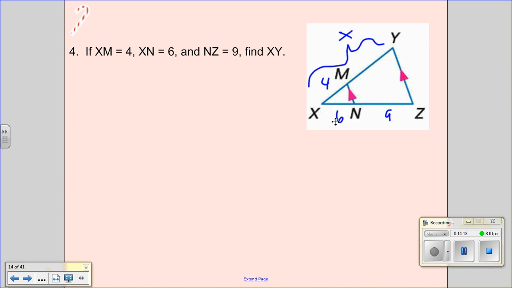On this one, I would probably pull apart the triangles and separate them if I were you. So I'll help you do that. So we would have XMN versus XYZ.